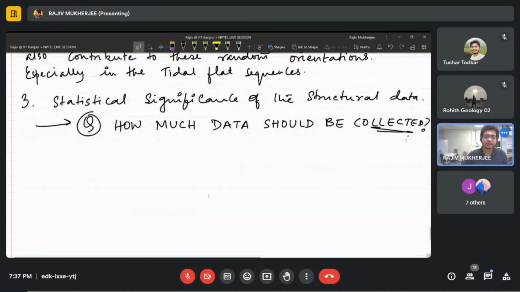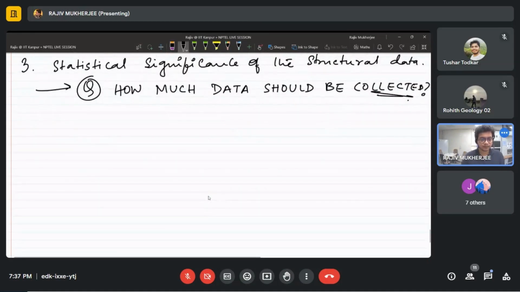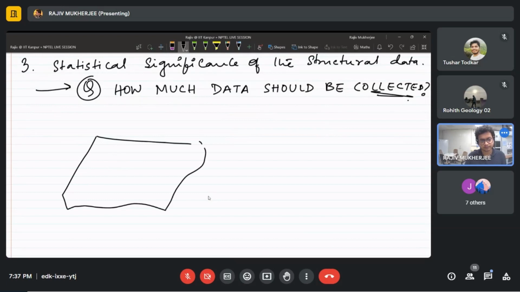Say for example, I have this exposure, and again there is another surface.